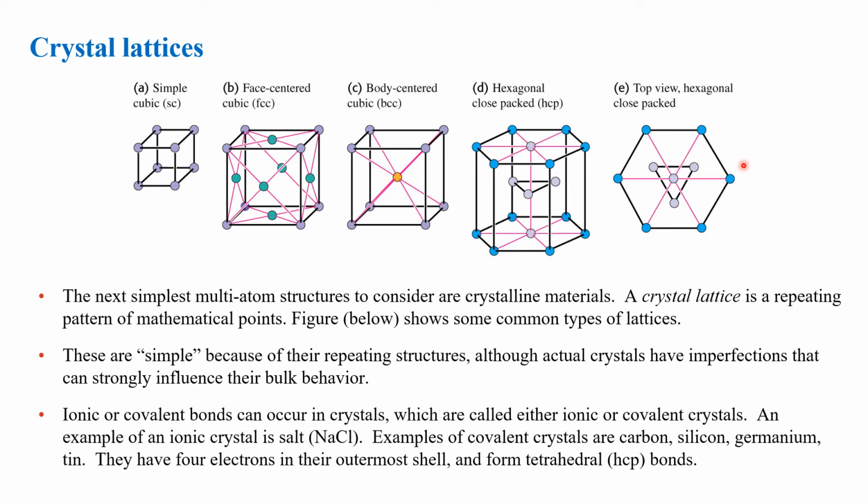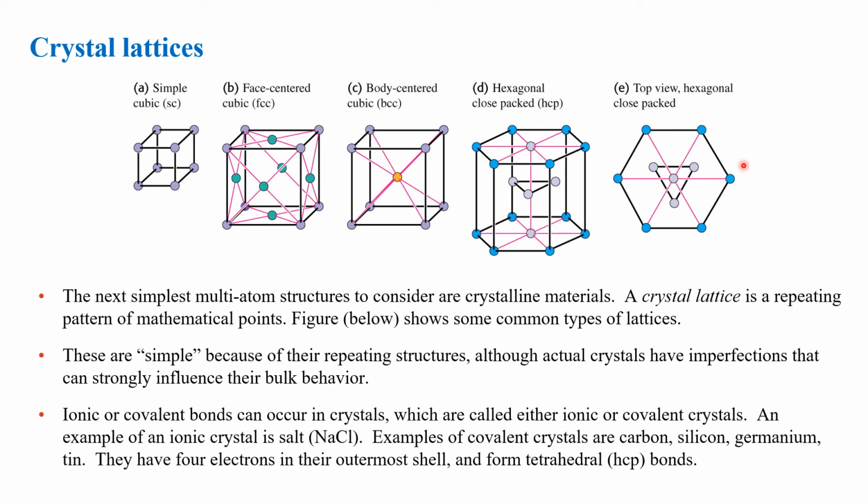These are simple because of their repeating structures, although actual crystals have imperfections that can strongly influence their bulk behavior. Ionic or covalent bonds can occur in crystals, which are called either ionic or covalent crystals. An example of an ionic crystal is salt. Examples of covalent crystals are carbon, silicon, germanium, and tin.